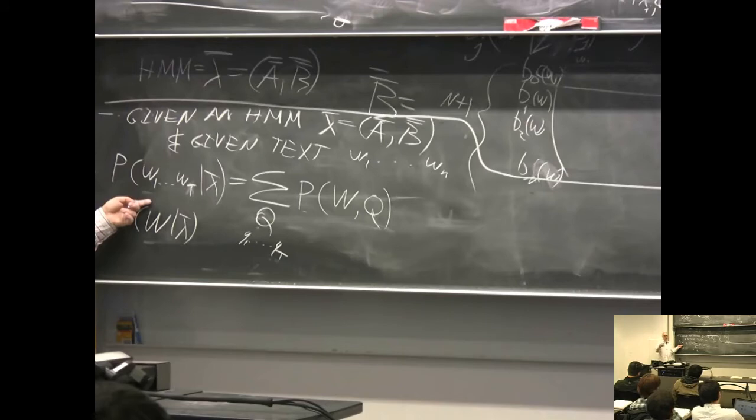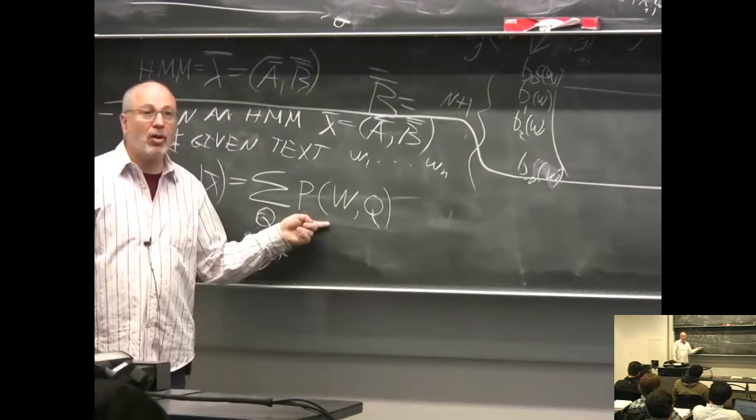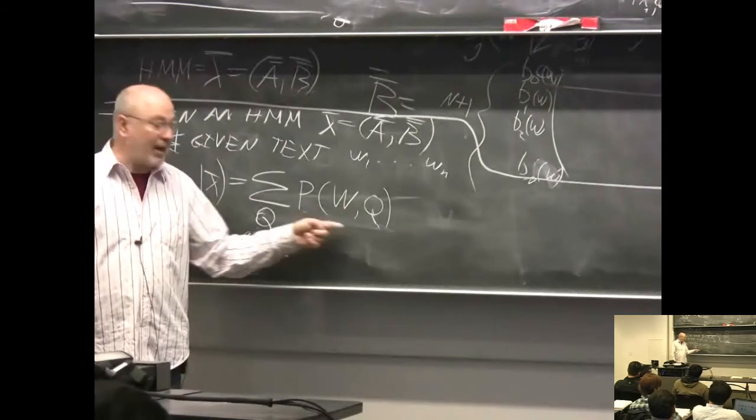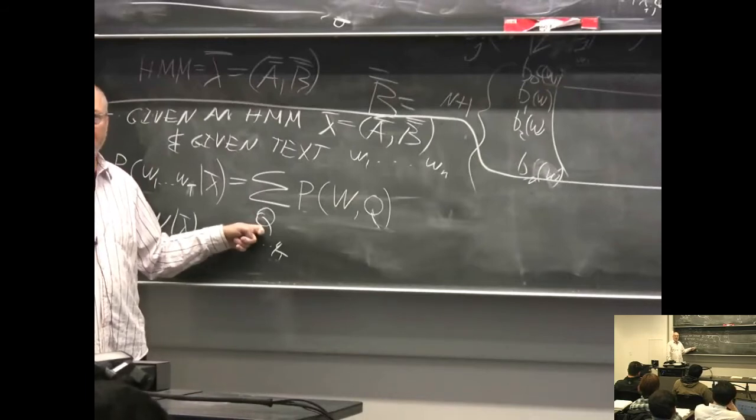The hidden part is just my own hallucination, my own pretend. The real thing is what I see. To do that, I need to calculate this with 2T operations again and again for every possible sequence of hidden variables.